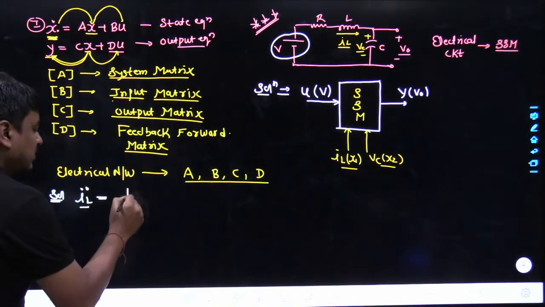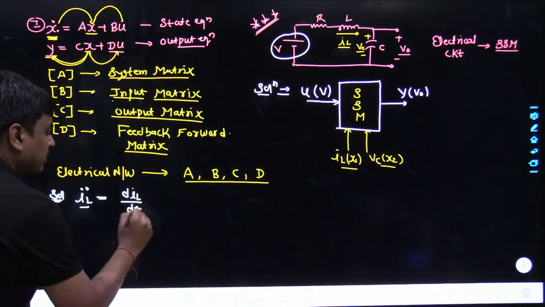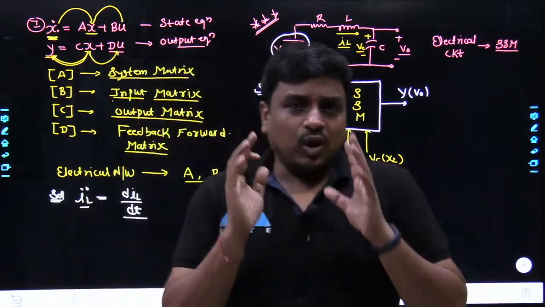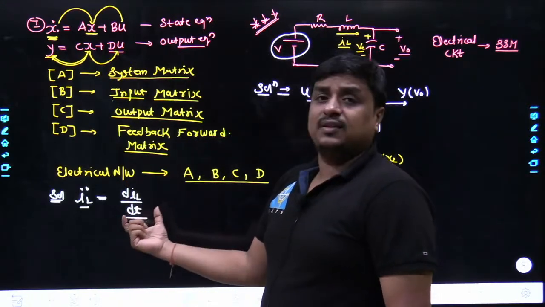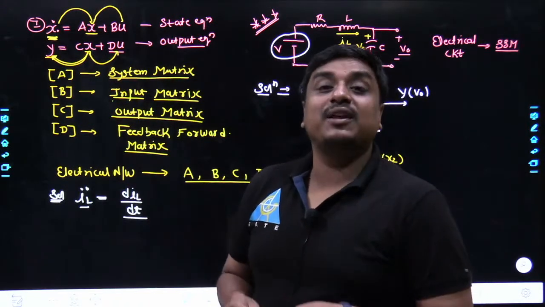IL dot means the differentiation of the current across the inductor in the time domain, and that is nothing but dIL by dt. Once you go across the inductor, can you see where the differentiation of the current takes place and what impact it has?